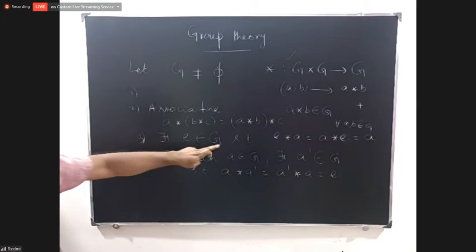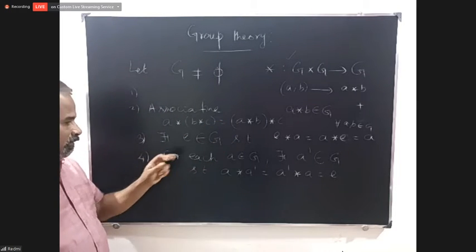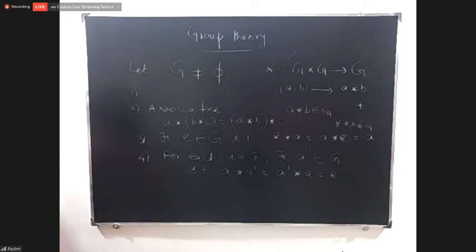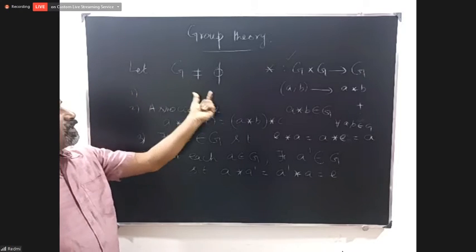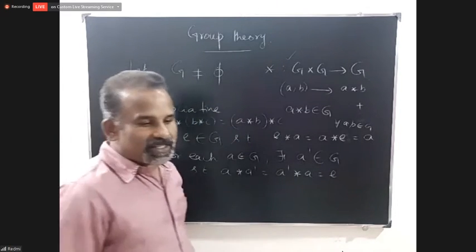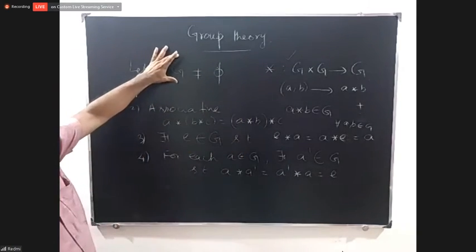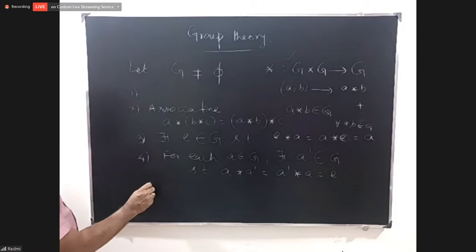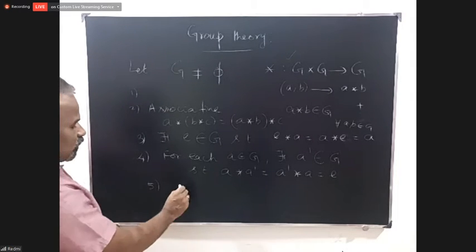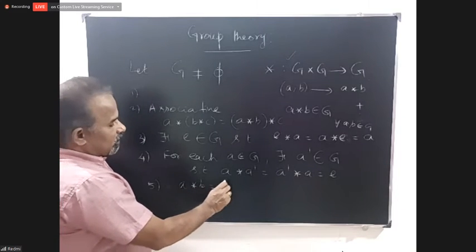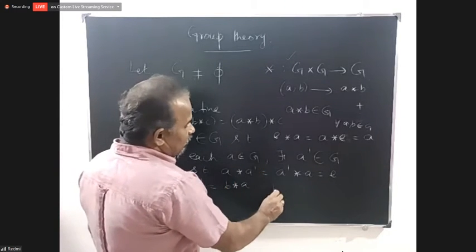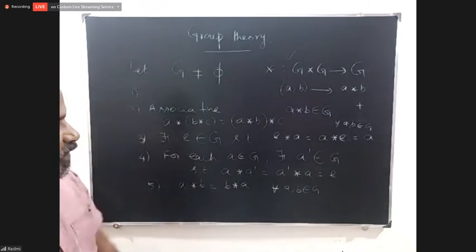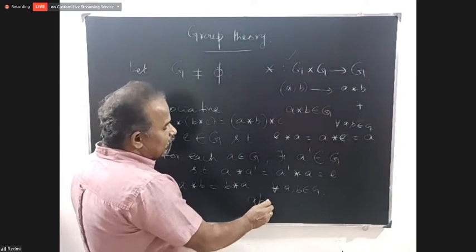So, closure, associativity, existence of identity, then inverse. If the set satisfies these four conditions, then the set is called a group. In addition, suppose A star B is equal to B star A for all A, B belonging to G, then the group becomes an abelian group.